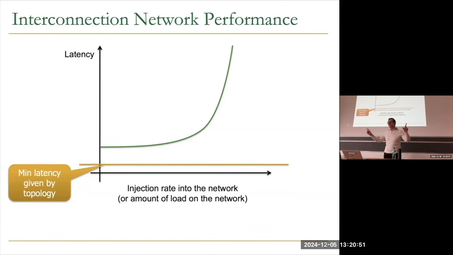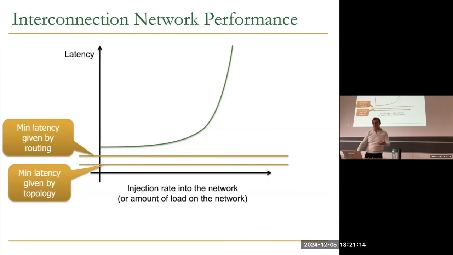Of course, you have a lot of complexity because you have dedicated wiring between every single node in the network. But if your topology is something totally different, a two-dimensional mesh, for example, then you need to go through multiple hops to reach your destination, assuming that source and destination are far from each other. This is what I mean by minimum latency being given by topology.